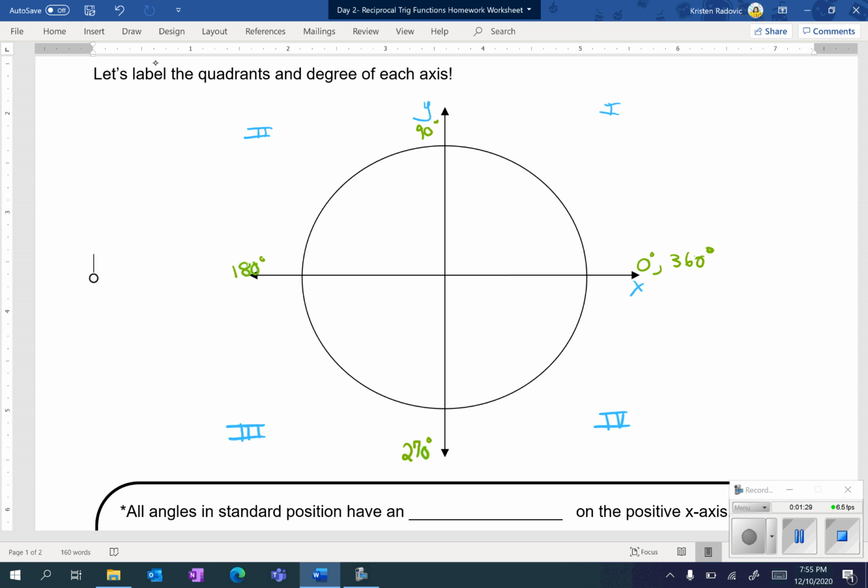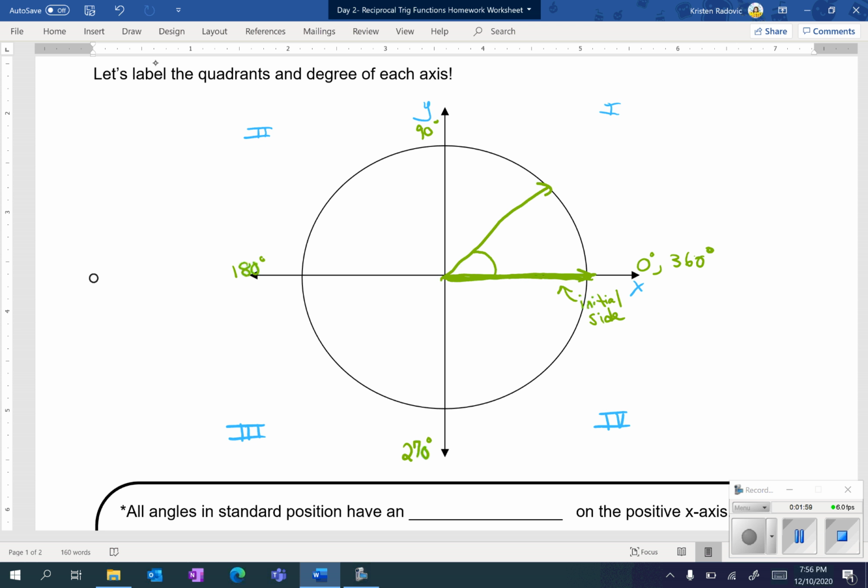Now, usually when you draw an angle, you're always going to start at the positive x-axis. This is called your initial side because we will always start here. And we're going to go up and around in a counterclockwise manner, in the direction that the quadrants go.